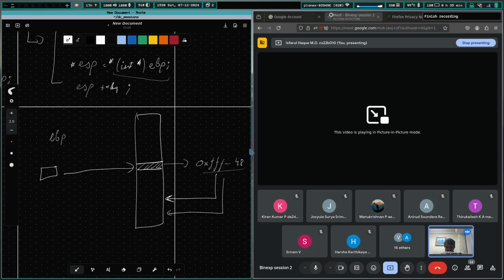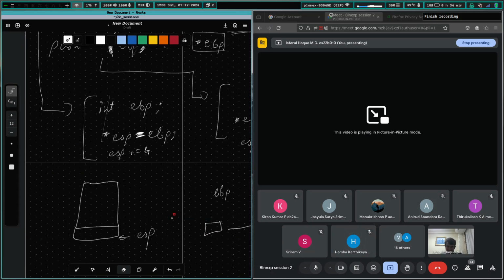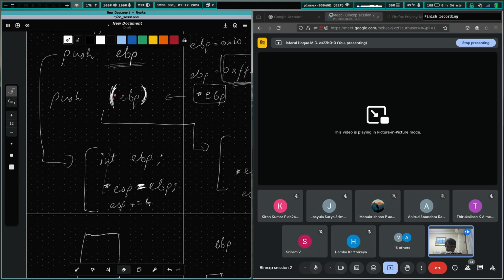Now, when I dereference it, I basically say get this value, then get this value. So this is the first form of addressing mode. The brackets just imply that instead of reading the EBP value, read the value which is pointed to by the EBP value.